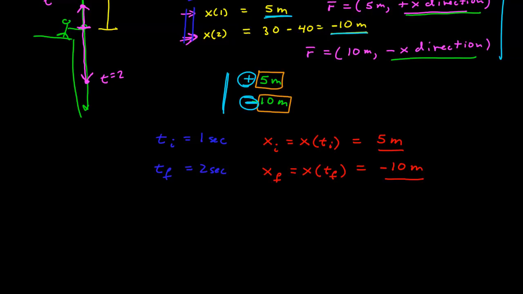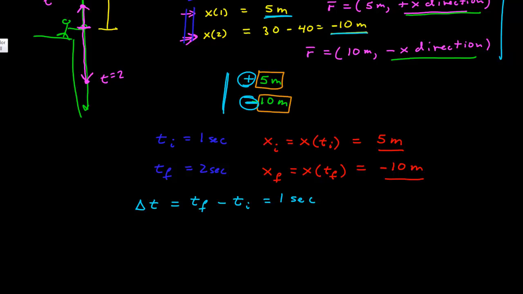And so because of this, I might be interested then in delta t, which is the time difference between these 2 specific points in time. That's t sub f minus t sub i, the final time minus the initial time, which is equal to 1 second.